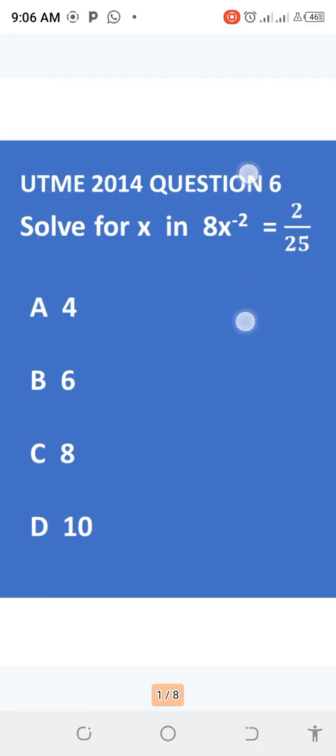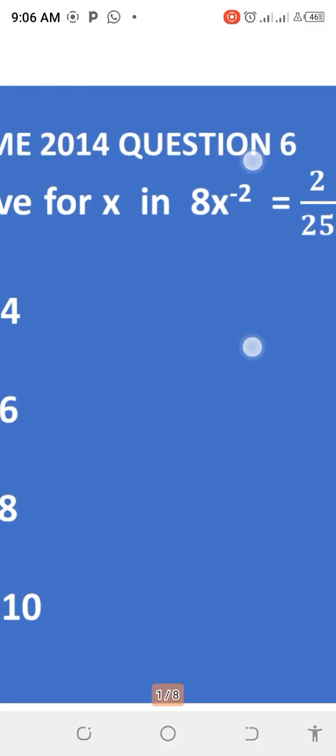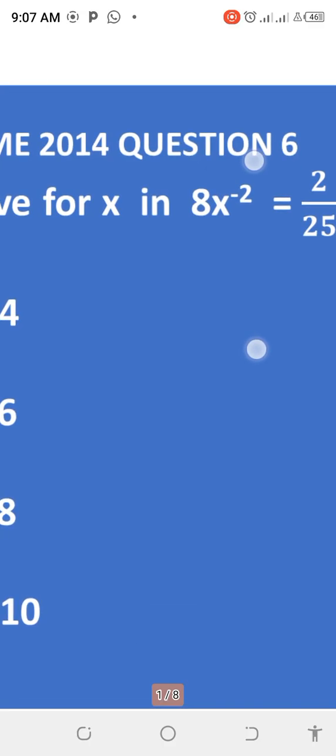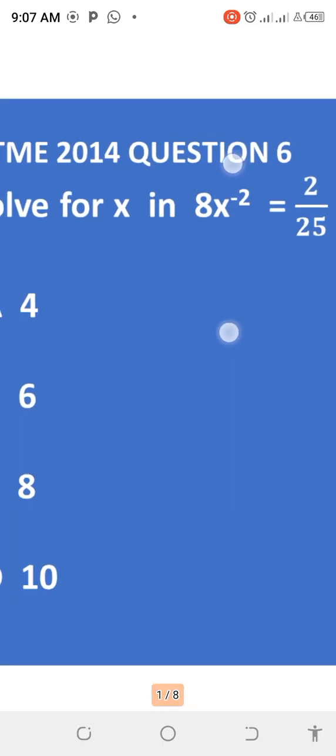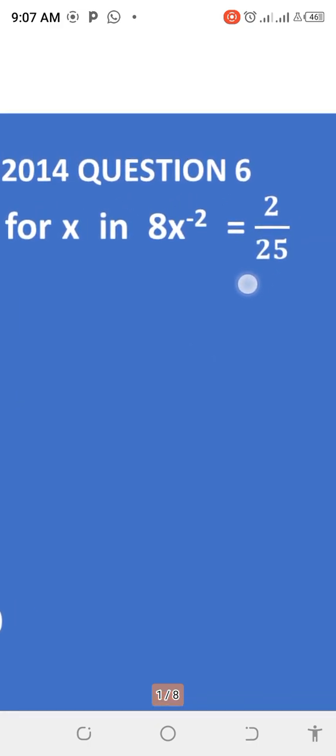Supposing there were brackets open and close joining the 8, then the negative would affect it. But now the negative power is only affecting the x. So that is what you must take note of first. Let us go and solve it.